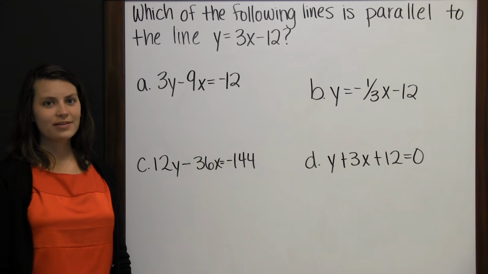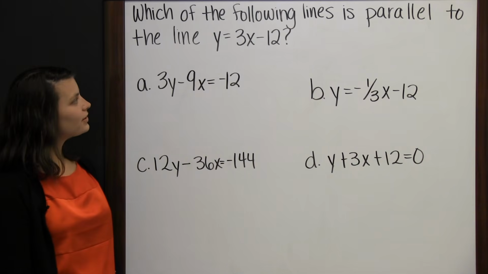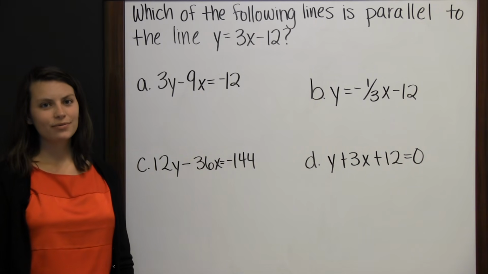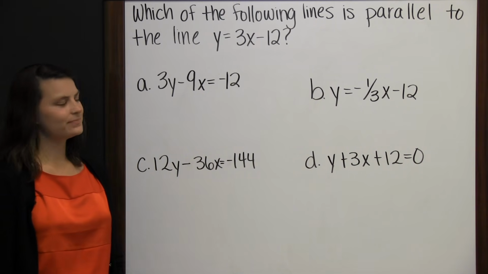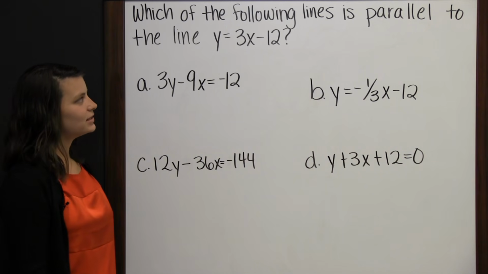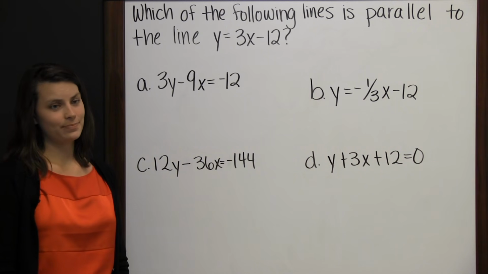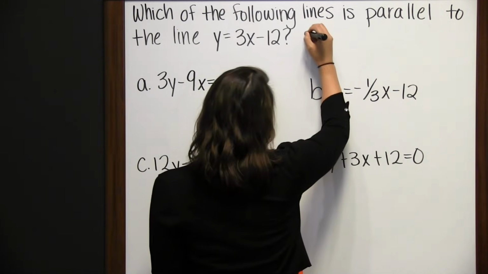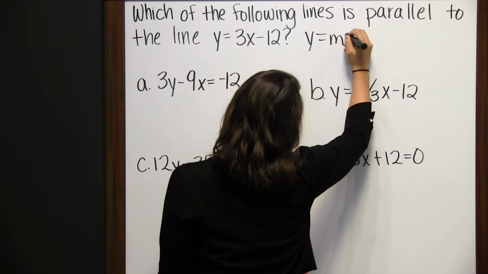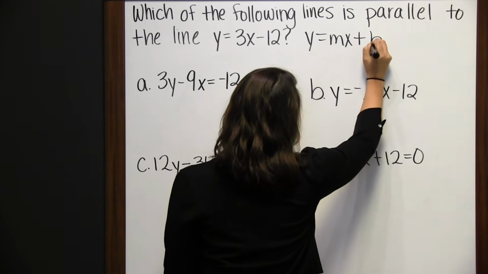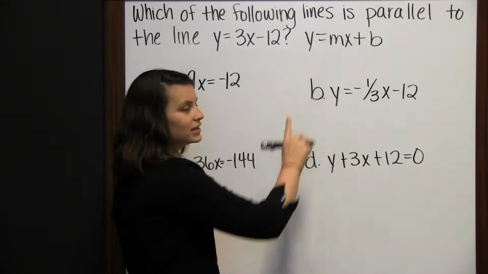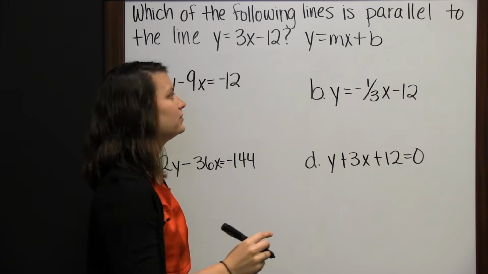Which of the following lines is parallel to the line y equals 3x minus 12? This equation is in slope-intercept form, which is y equals mx plus b, where the m is the slope of the line.